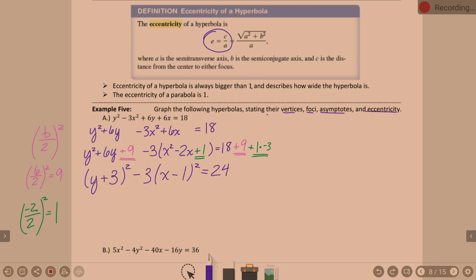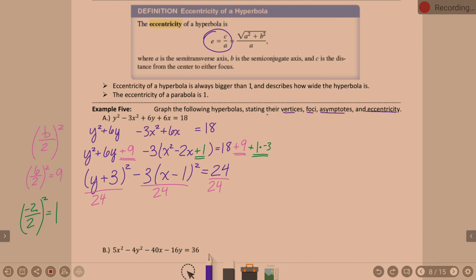What's the next step? Yeah, to get this in our standard form, divide all 3 pieces by 24.